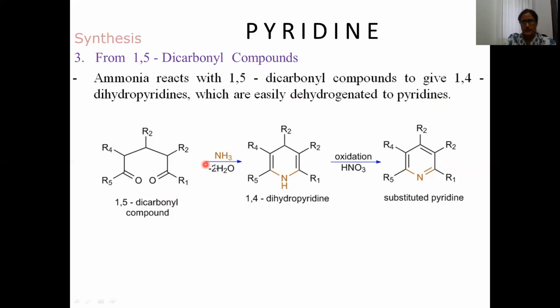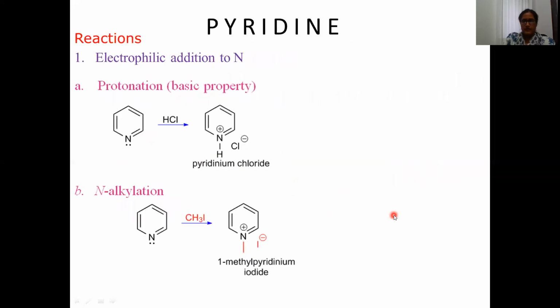When 1,5-dicarbonyl compounds react with ammonia, they condense with each other and form the cyclic ring. By the removal of 2 moles of water, 1,4-dihydropyridine will be obtained. On oxidation in the presence of nitric acid, it will be further converted into the substituted pyridine. So after the synthesis of pyridine, we are moving on to the reactions of pyridines.